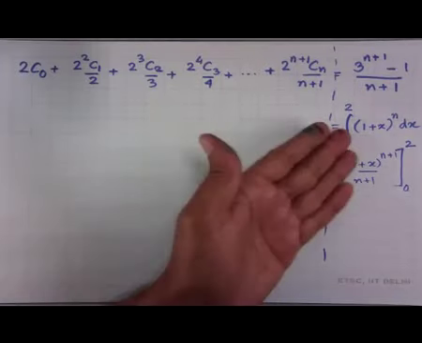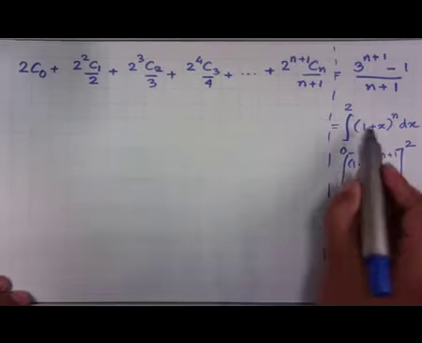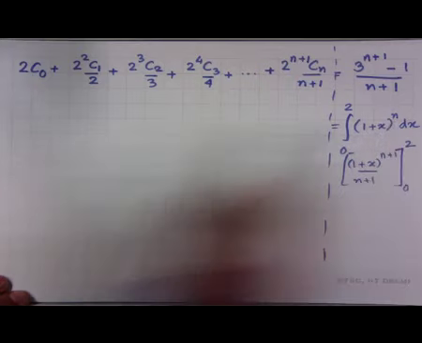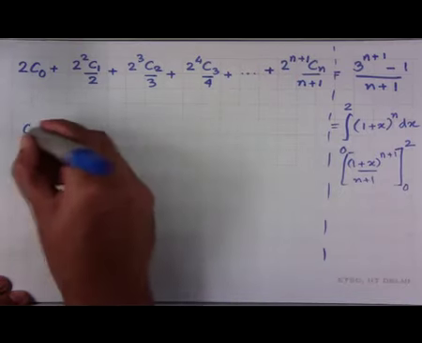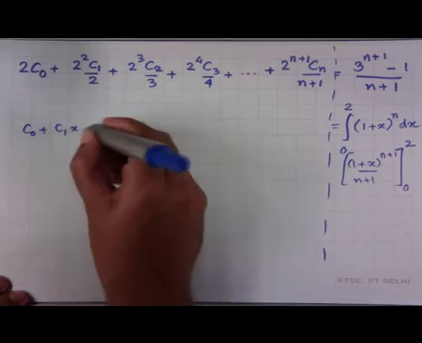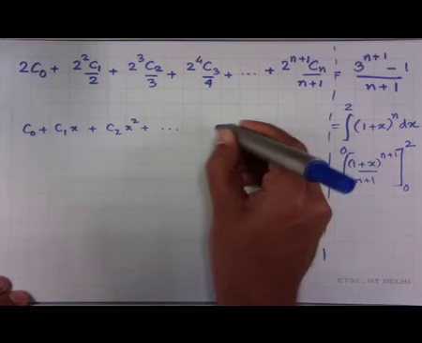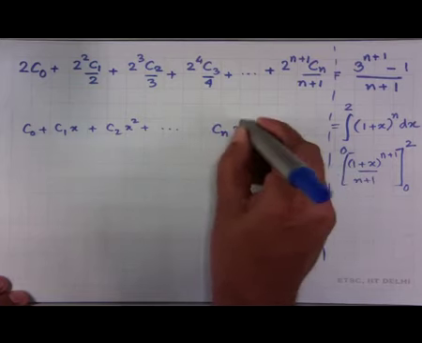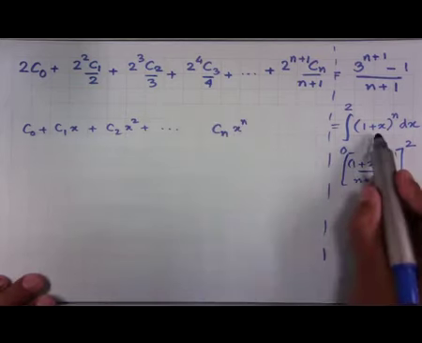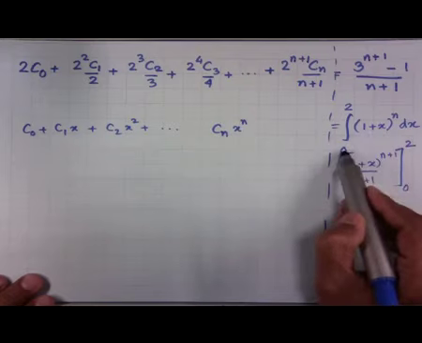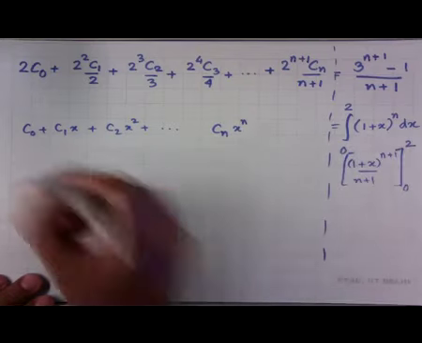Now, all you have to do is break it up. So, 1 plus x whole power n is C0 plus C1x plus C2x squared all the way till Cn x power n, and each of those you are going to integrate from 0 to 2 dx.